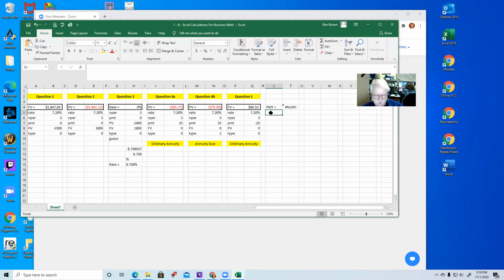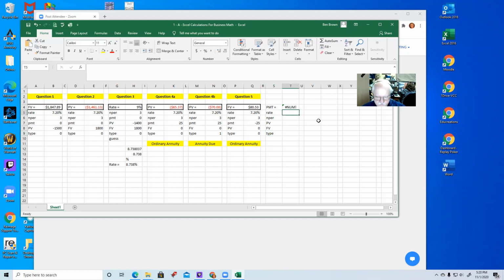Excel is confused at the moment. So rate, nper, present value, future value, and type.